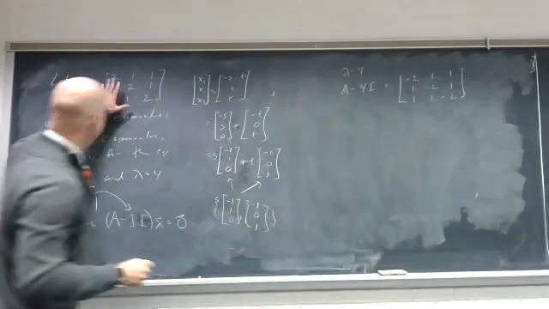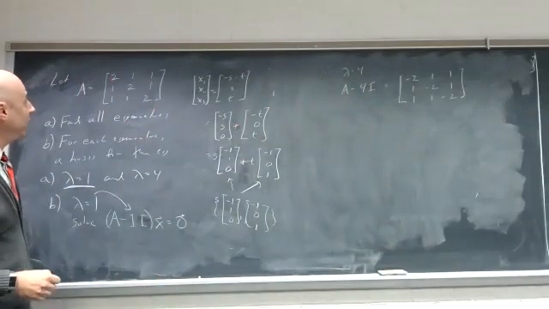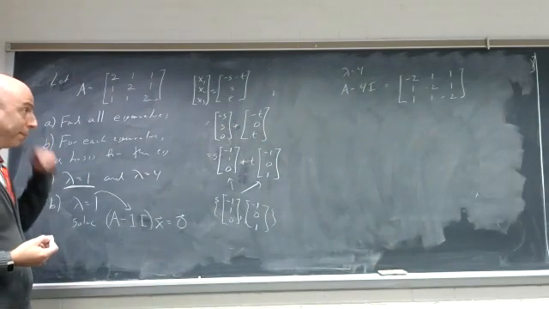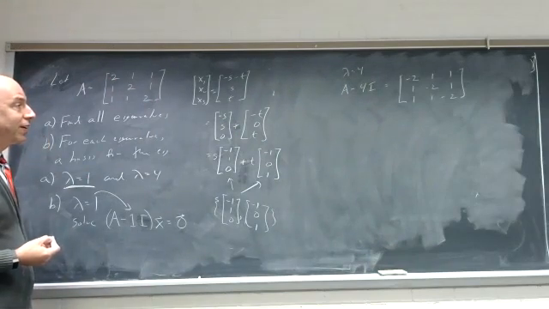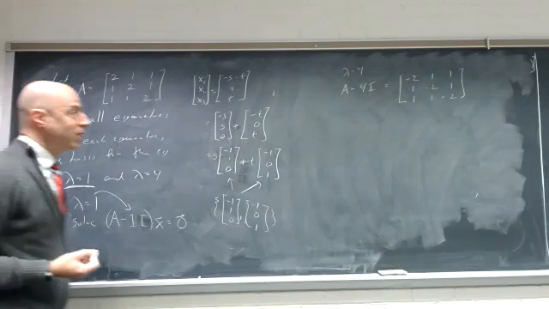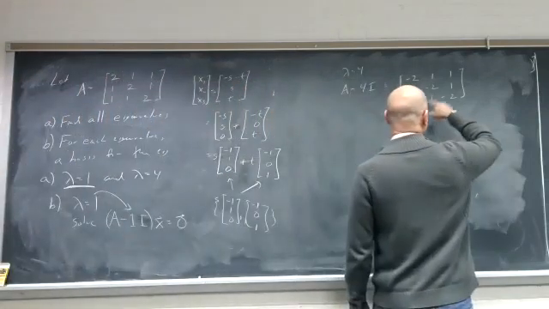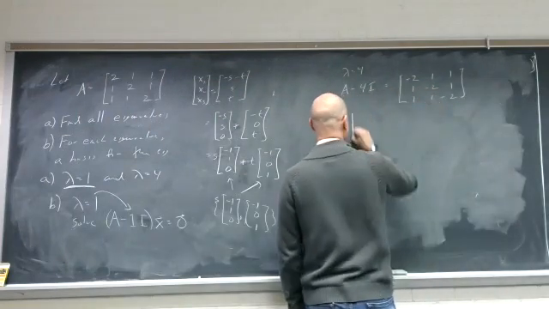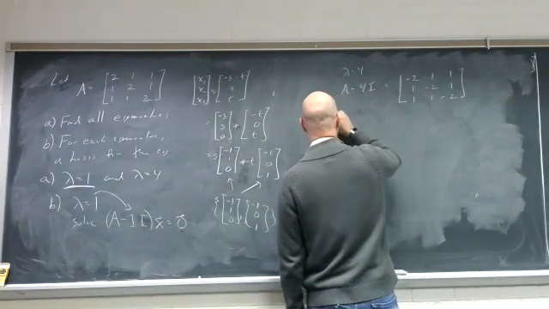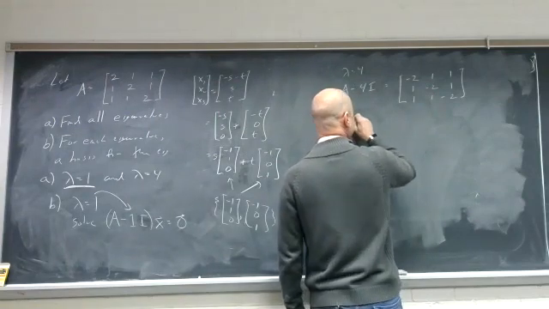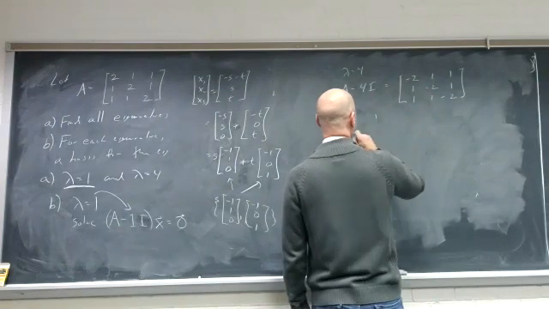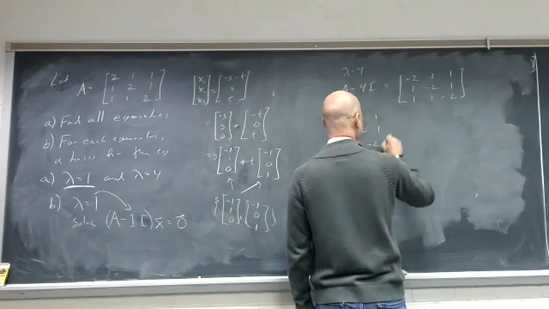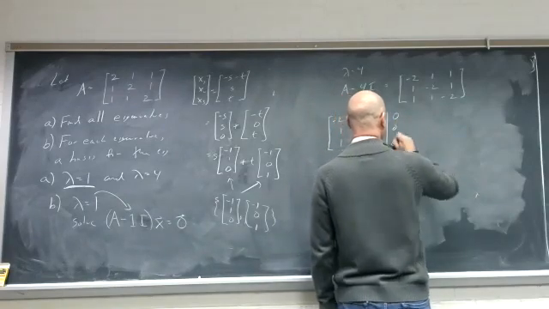All I did is I took the original matrix and subtracted off 4 from each entry on the diagonal, which is 4 times the identity. In this one, I want to solve this matrix times x1, x2, x3 equals 0. So let's just write that as an augmented matrix. Minus 2, 1, 1, 1, minus 2, 1, 1, 1, minus 2, vertical bar, 0, 0, 0.